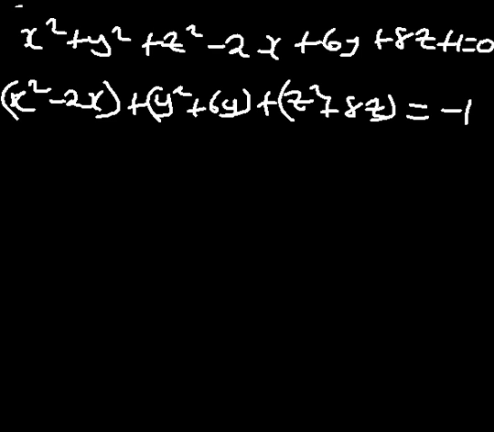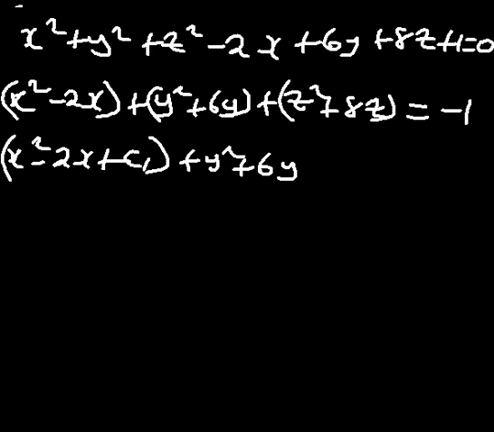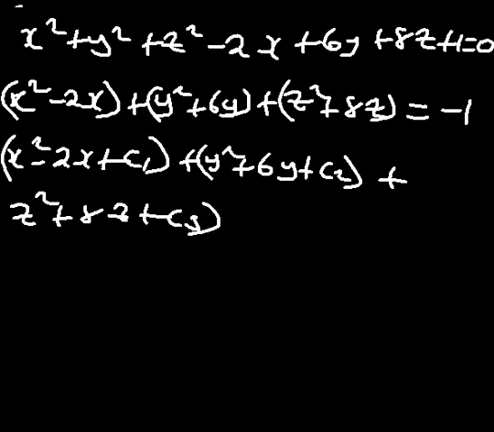So we'll have x squared minus 2x plus c1, plus y squared plus 6y plus c2, and the third one, z squared plus 8z plus c3, which is equal to -1 plus c1 plus c2 and then plus c3.